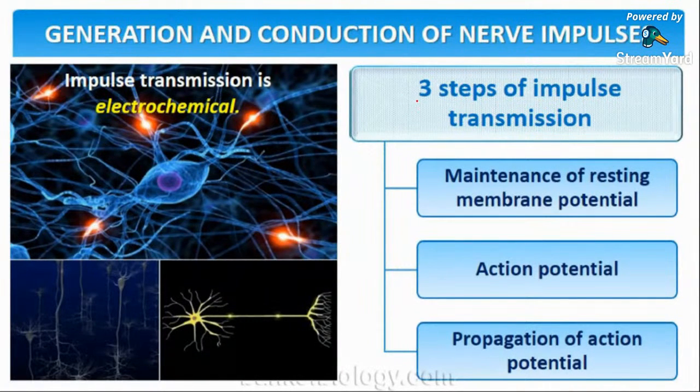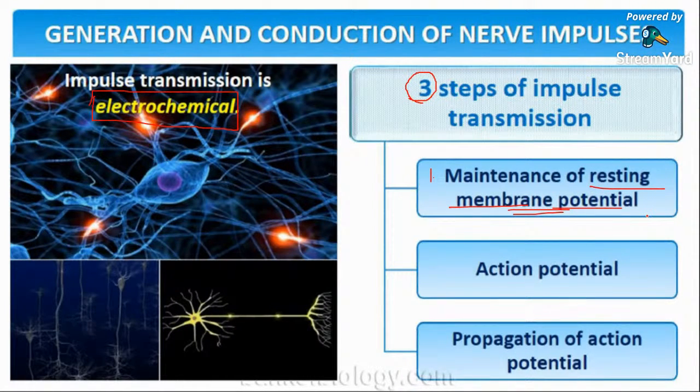There are mainly 3 steps of impulse transmission. We know that impulse transmission is an electrochemical method. So the first one is the maintenance of a membrane potential, the resting membrane potential.